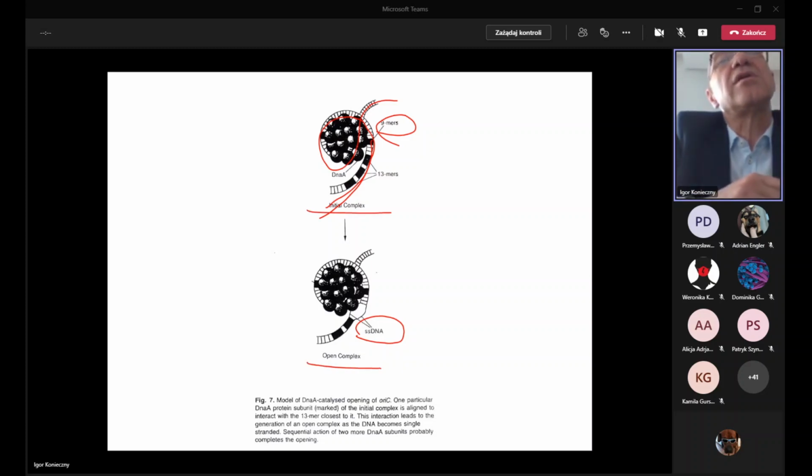So the initial complex is just the initial binding of a replication initiator, and the open complex is this initial bubble with single-stranded DNA.